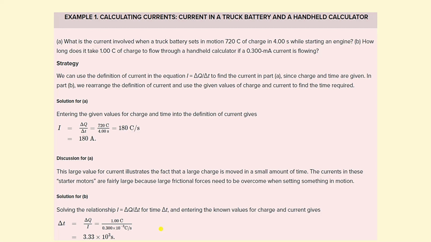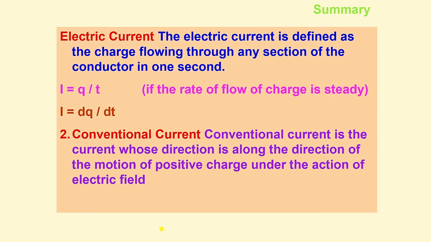Then we summarize the whole of our lecture. First we discussed electric current. Electric current is defined as the charge flowing through any section of the conductor in 1 second, or current is equal to charge upon time if the rate of flow of charge is steady, and if it is varying, then current is given by dq upon dt.